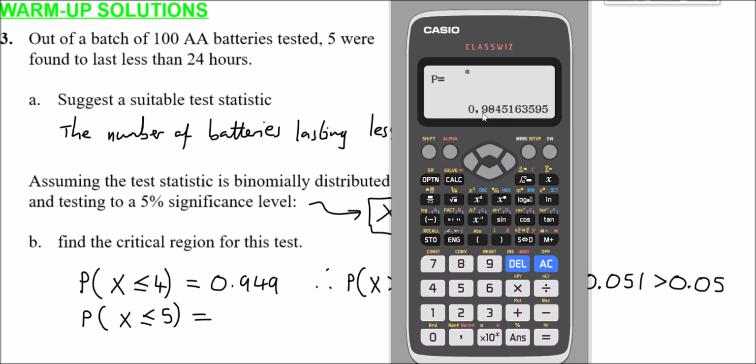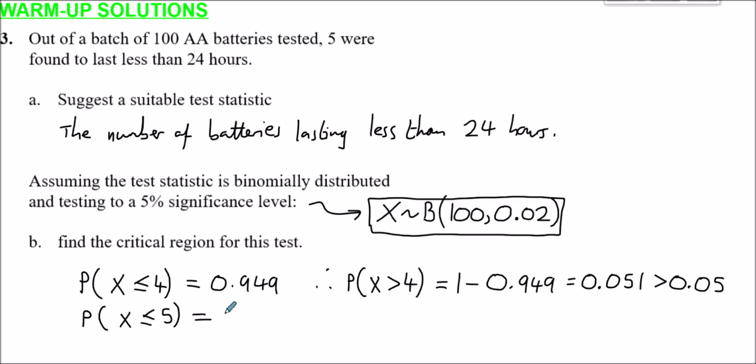We could give it to 4 decimal places if we wished, just to make sure we don't have any rounding error. So 0.9845. Now, as you can see, this is more than 0.95. So this tells us that the probability of the number of batteries lasting less than 24 hours being more than 5 is 1 minus this probability.